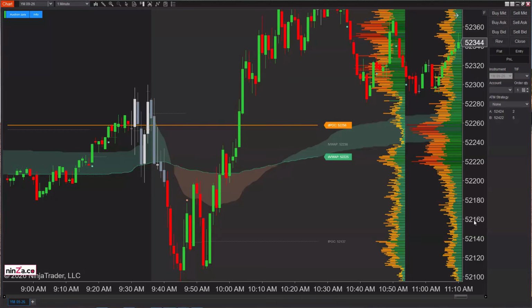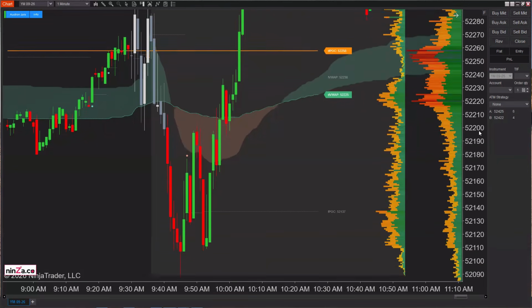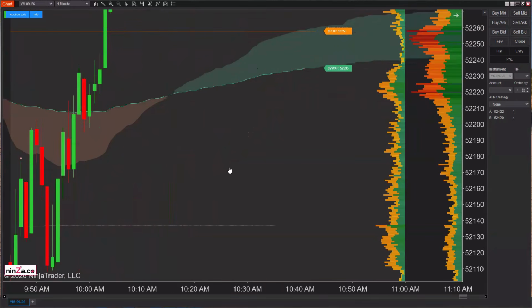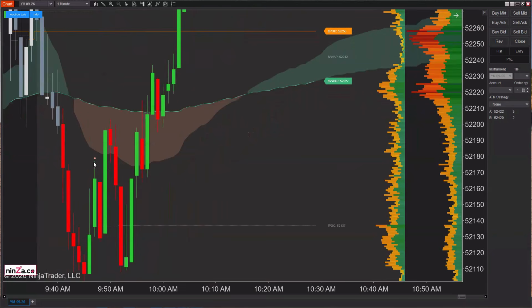And here, let me hopefully just make this bigger. Here is your resistance. You see the dot? In a declining market, which is what we had at first, below the VWAP, below the point of control, weak, bearish. That's what you're thinking here. Bearish.